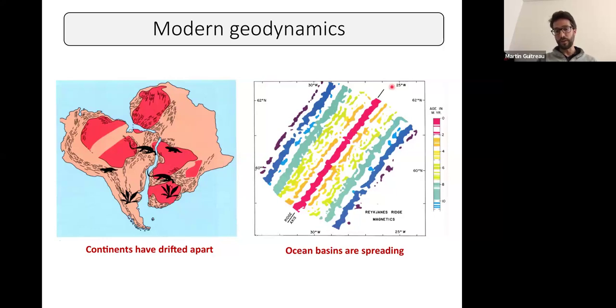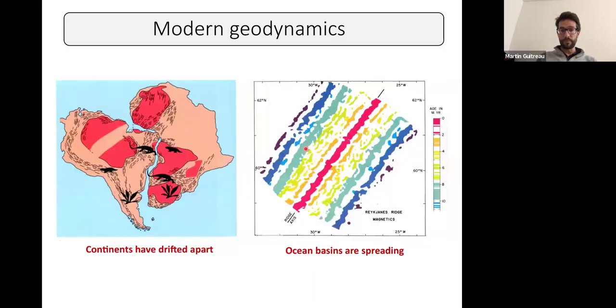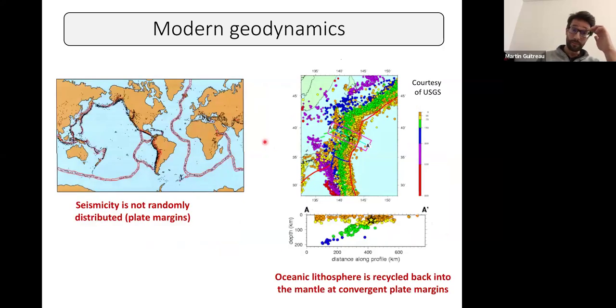The ridge axis represented a symmetry between the different parts of the ocean plates, so that the oceans were spreading, and continental drifting and ocean spreading allowed people to realize that ocean spreading was actually related to the fact that continents have drifted apart. When you look at the distribution of earthquakes at the scale of the Earth, they're not randomly distributed, but distributed in specific areas that correspond to plate margins. Of course, I'm referring to lithospheric plates.